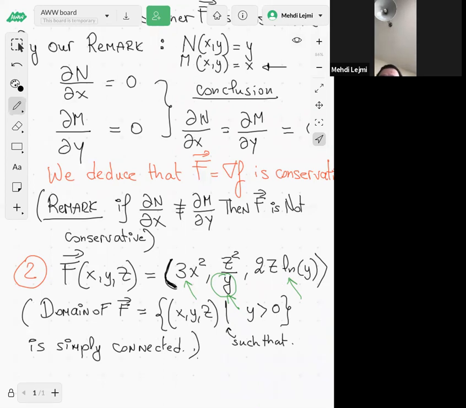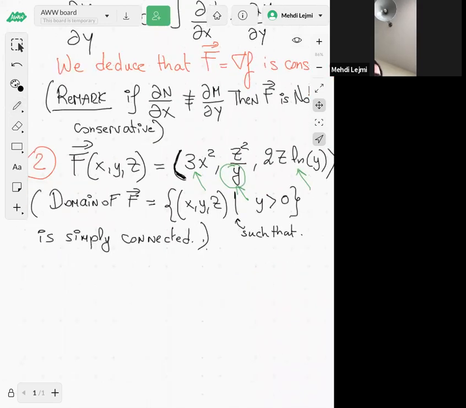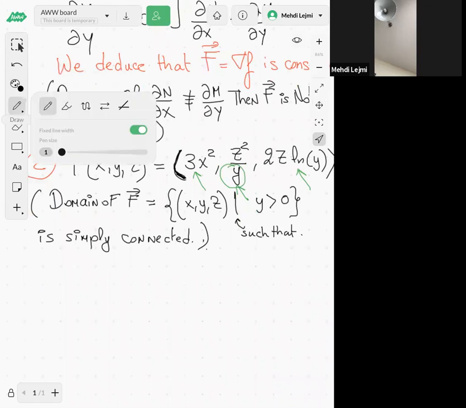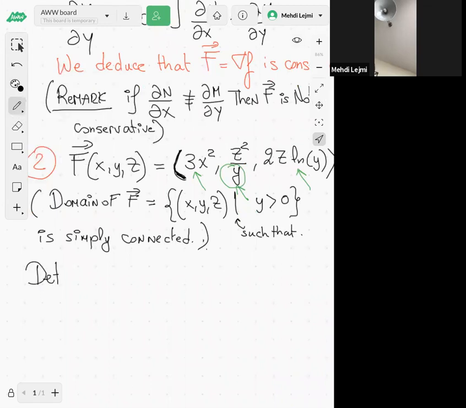All right. So now the question is, of course, to see whether F is conservative. So the question is: determine whether the vector field F is conservative.